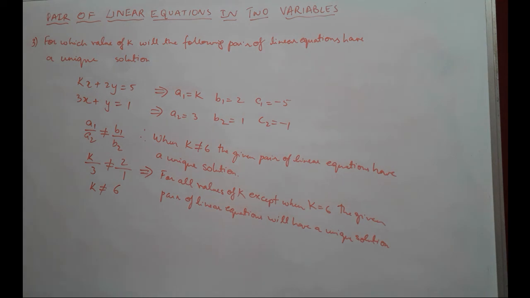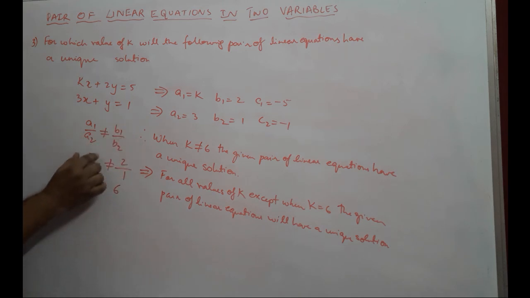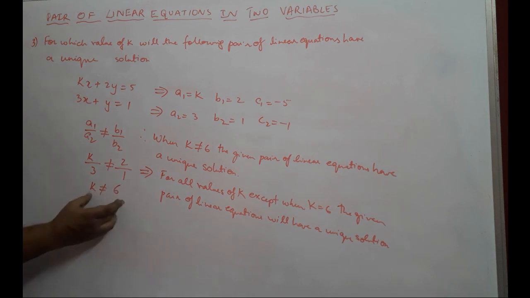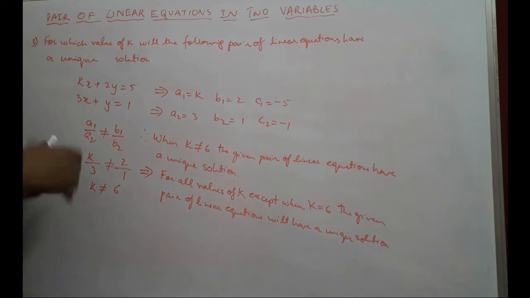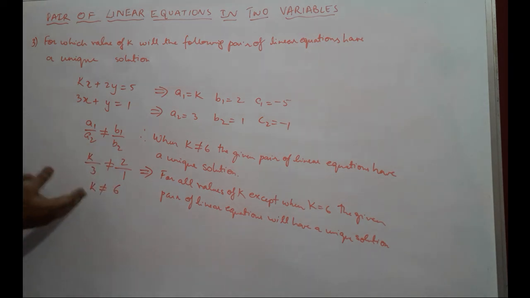Alright, so don't get confused. We get this value in this case through our condition. We get k is not equal to a particular value. Remember this, in this case it is not equal to 6. So only when k is not equal to 6 we get a unique solution. But when it says k is not equal to 6, that means it leaves all other real numbers open. So if k is equal to 5, what happens then? That means we will still get a unique solution.